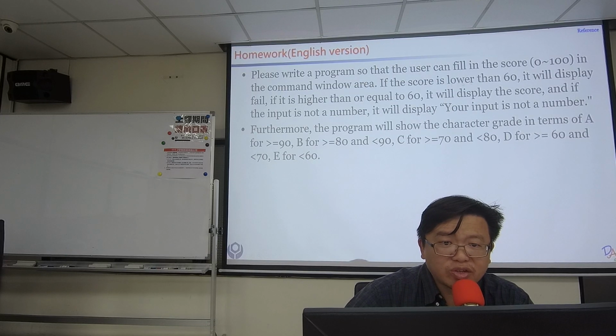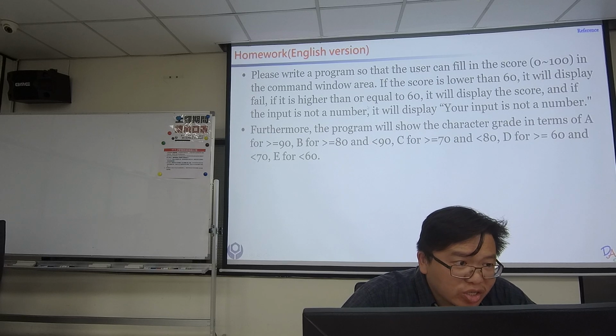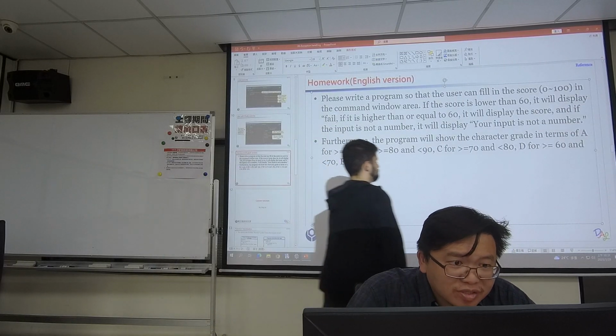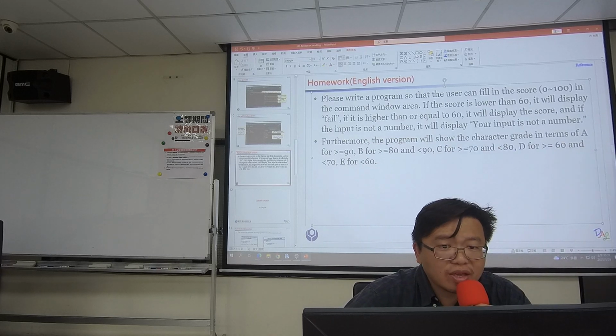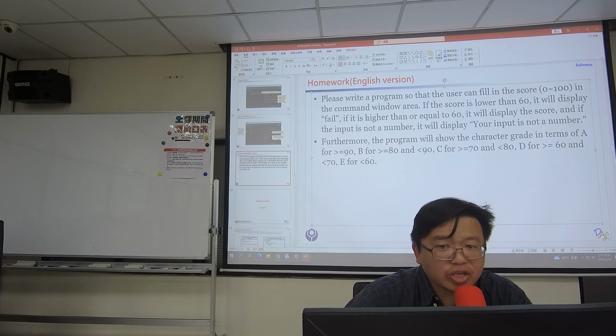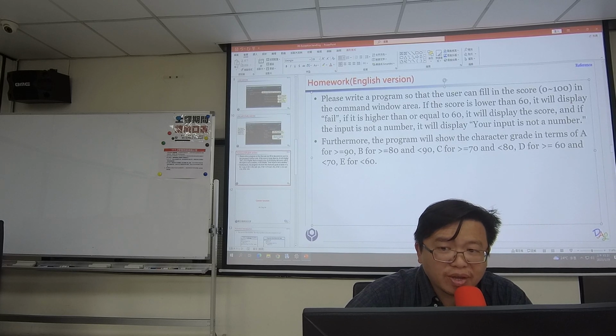And if the score is lower than 60, you just say fail. Okay? If it's higher or equal to 60, it will display the score. And if the input is not a number, display "your input is not a number."